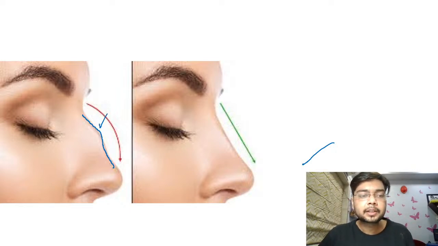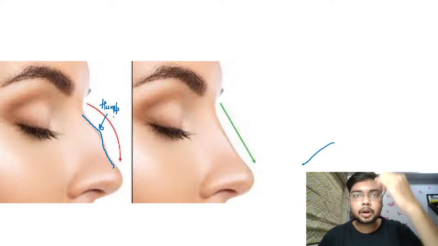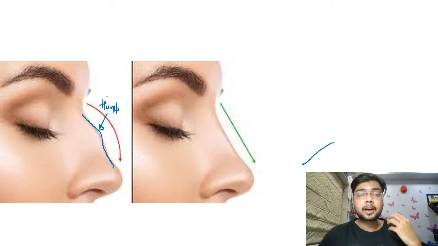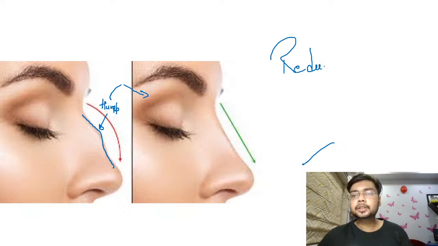Here the figure shows you one image where there is some cosmetic deformity in this beautiful face. So what is this? This condition is called hump nose. So basically there is a hump in the dorsum of the nose, and the procedure for it is called reduction rhinoplasty, right?